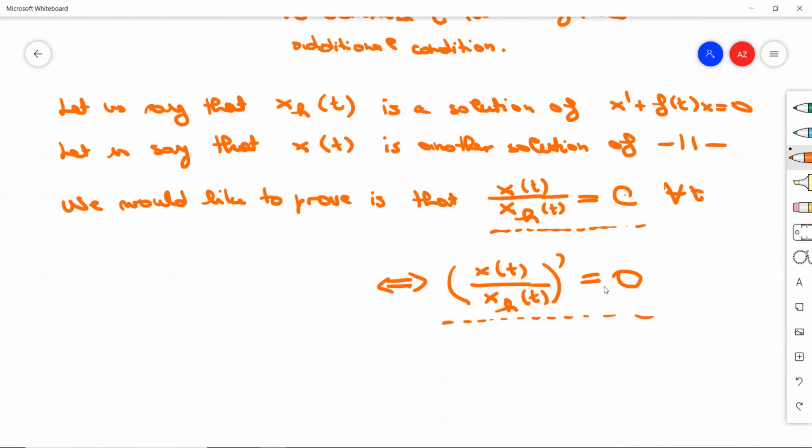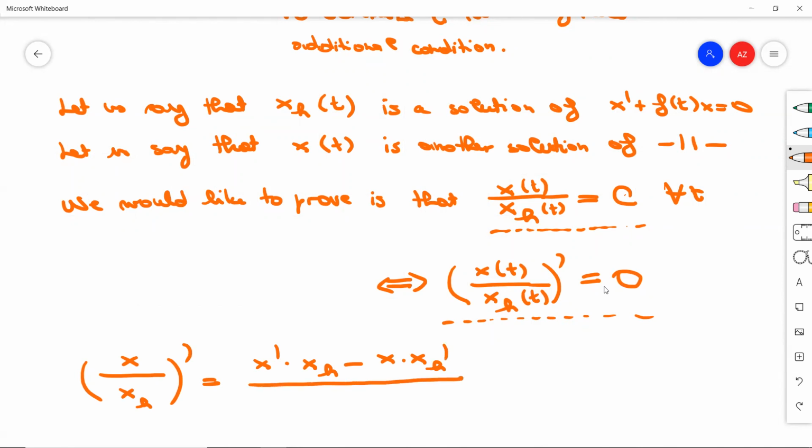And let's compute this derivative. By the rule for taking derivatives of the quotient, it is x' times x_h minus x times x_h', over x_h squared. So this is what we know from calculus.